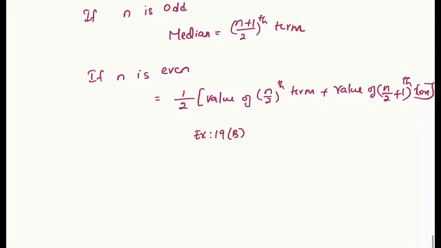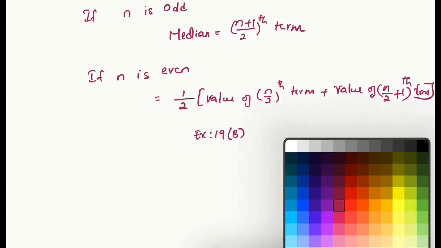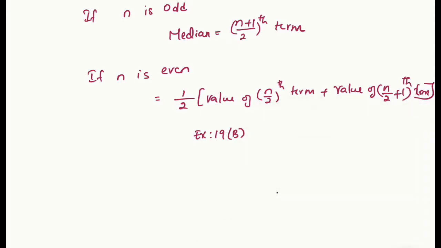Exercise 19b, Question 1. Find the median of 25, 16, 26, 16, 32, 31, 19, 28 and 35.